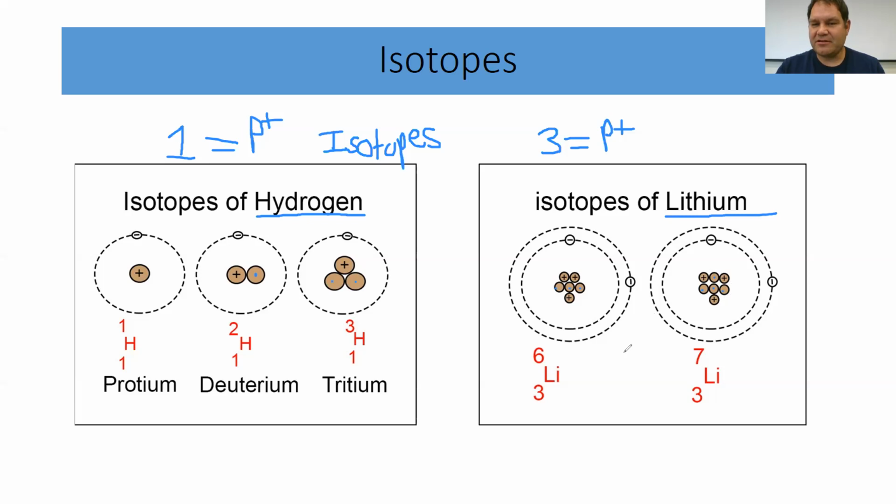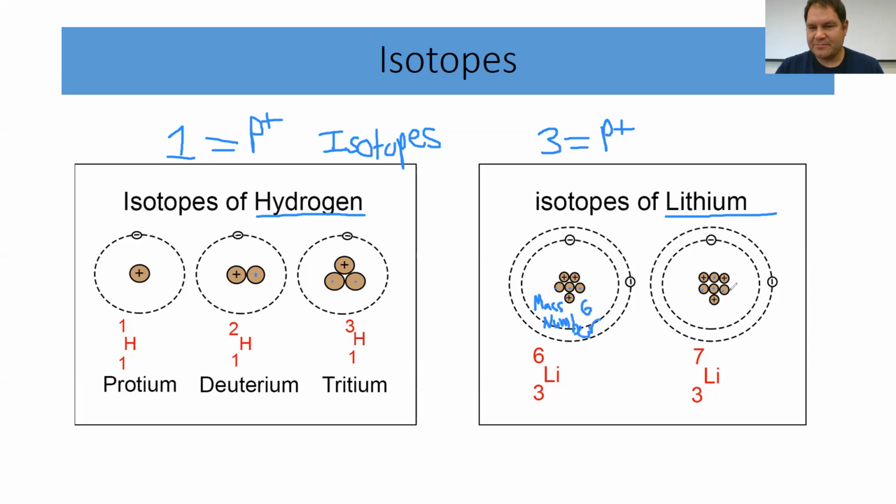Now, of course, that would result in a different mass. The mass is defined by the total number of protons and neutrons in the nucleus. So if we look at this lithium, it has 1, 2, 3, 4, 5, 6. So we would say that it has a mass of 6. Specifically, we call it a mass number, a mass number of 6.